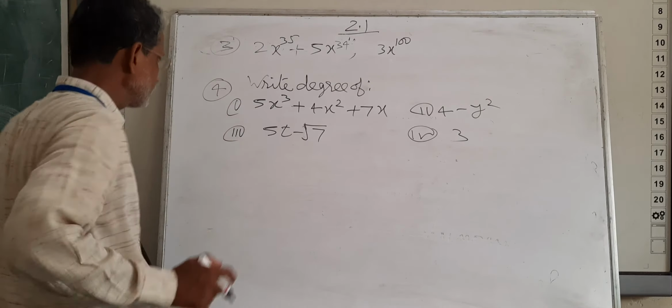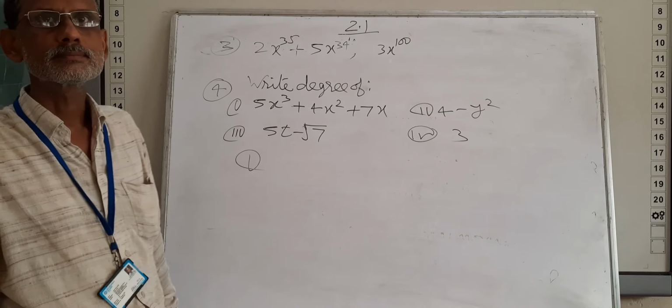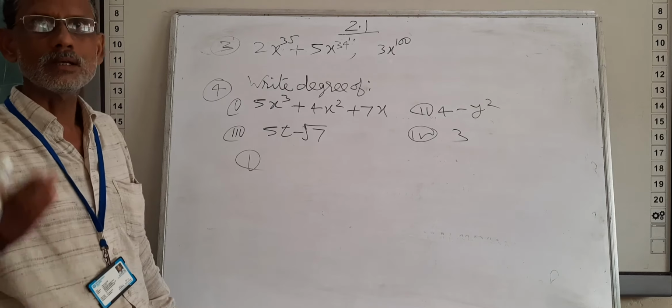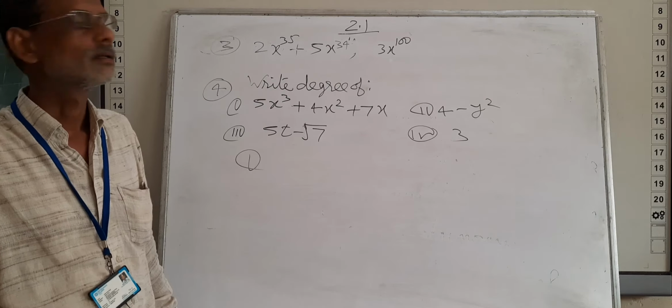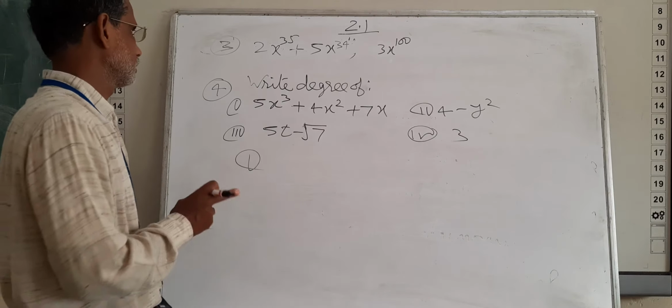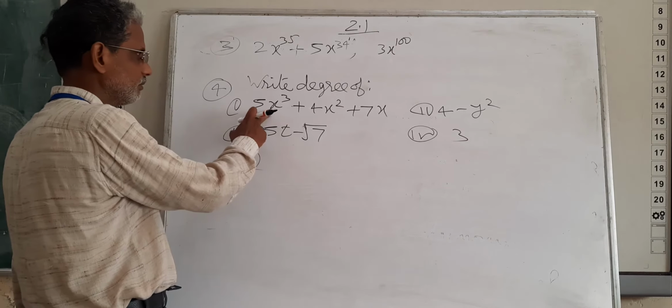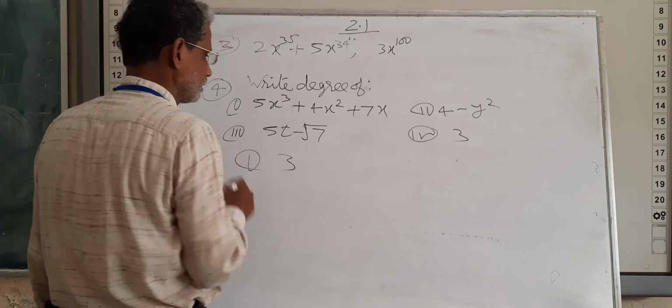So what is the degree of the polynomial in the first? State loudly. 3. Speak in English. Speak loudly. The highest power of x is 3. Therefore, the degree of the first polynomial is 3.